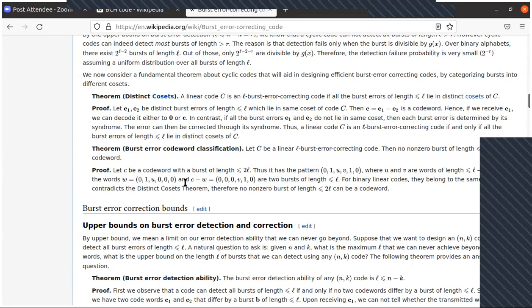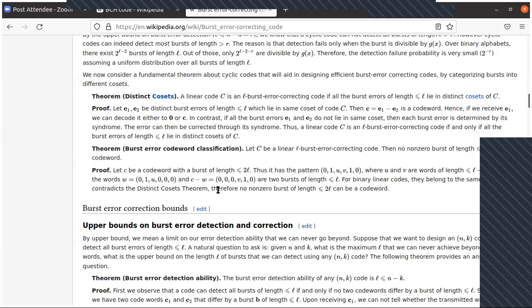This is proved by contradiction. Suppose it is a code word. If this is a code word, proof by contradiction, I remember. Suppose this 0 1 U V 1 0 is a code word. Then what happens? Then the words 0 1 U 0 0 0 and C minus W are two bursts of length less than or equal to L, right?